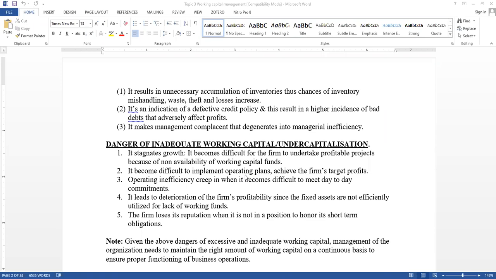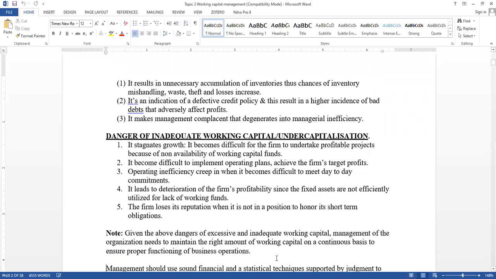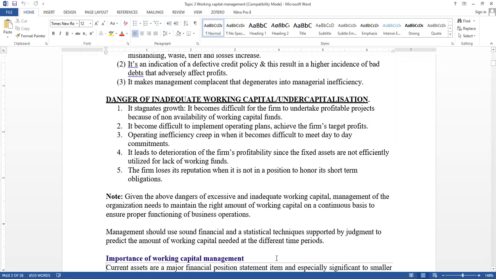Now, of course, given the above dangers of excessive and inadequate working capital, management of an organization needs to maintain the right amount of working capital on a continuous basis so that you ensure there is proper functioning of business operations.